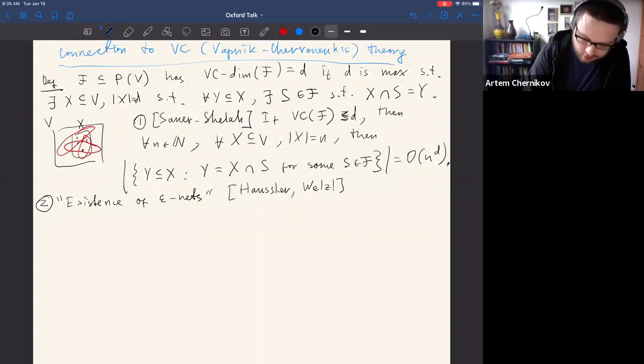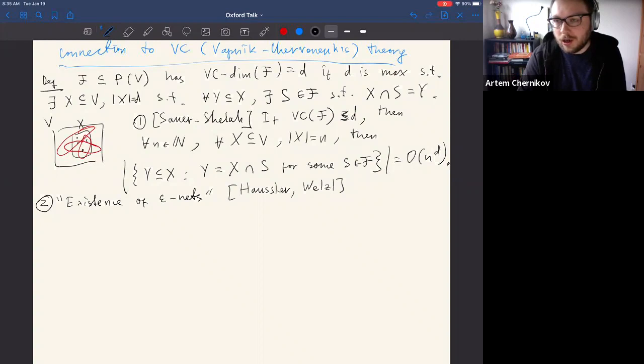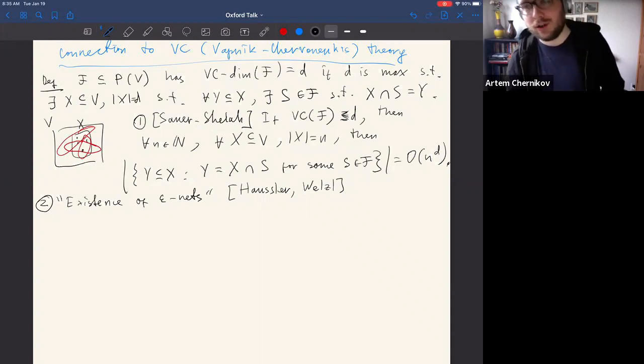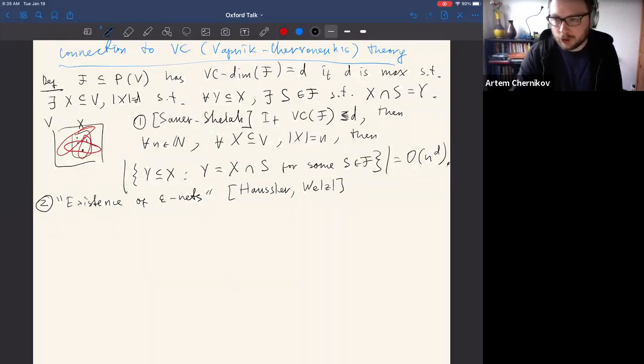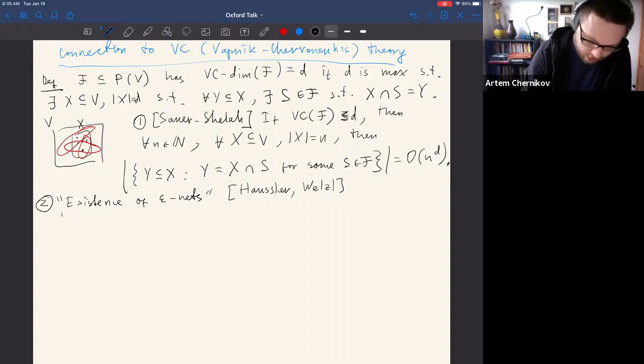So, okay, what does it tell us? It tells us that if we have a family of positive measurable sets in some probability space, then it's possible to pick a transversal for this family of size bounded in terms of the VC dimension and the positive measure that we want to consider.